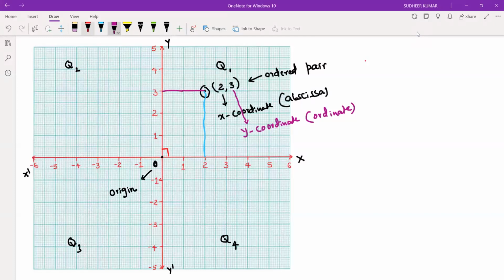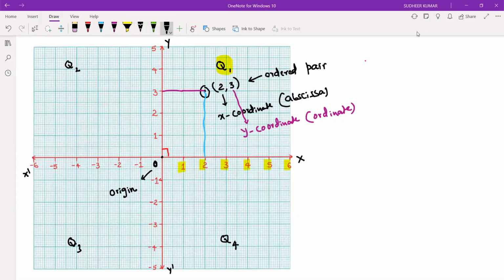Now let's see the signs of each ordered pair in different quadrants. If we take the first quadrant, see the values of x. The signs of x are positive.